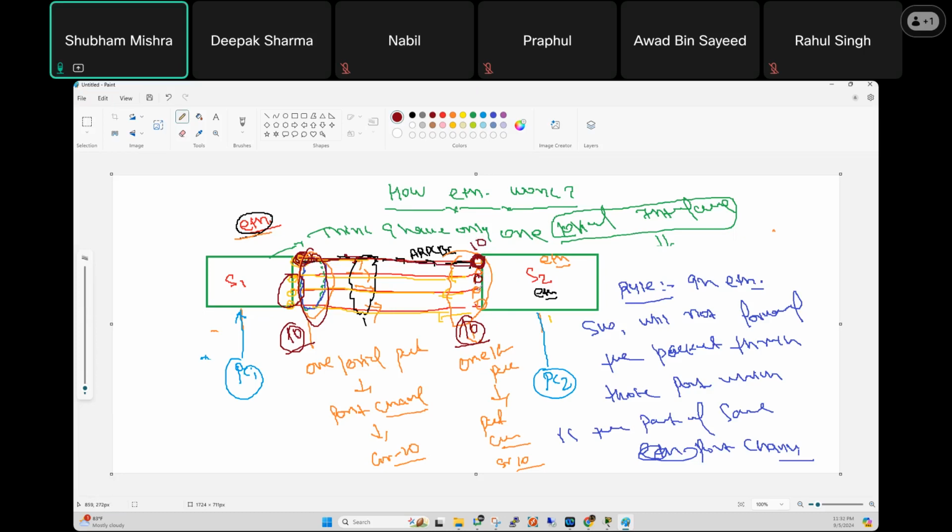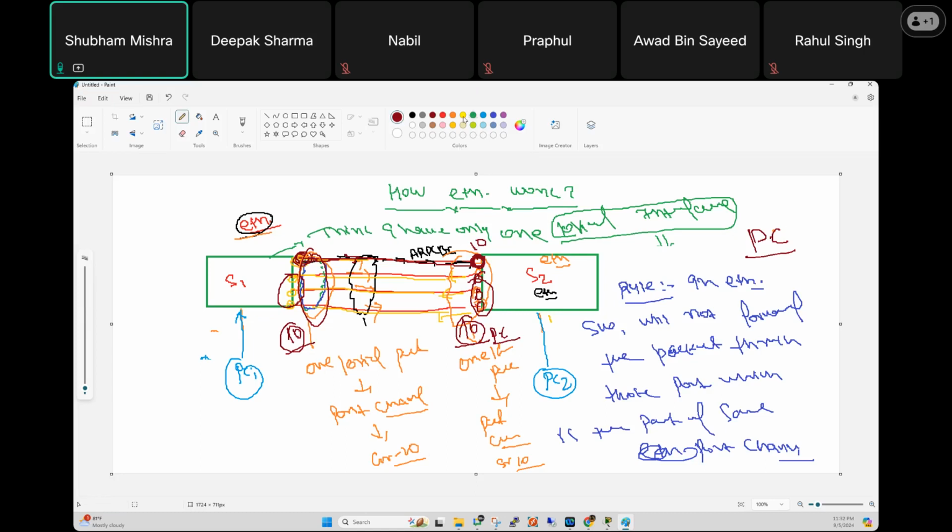And again, this interface is also part of the same port channel. Guys, PC means port channel, not Priyanka Chopra. So this is also part of the same port channel.